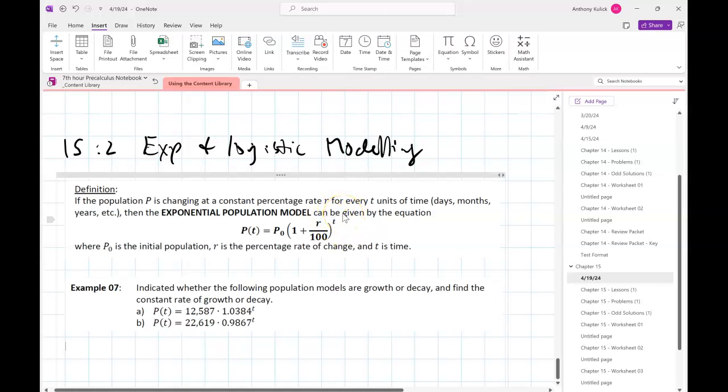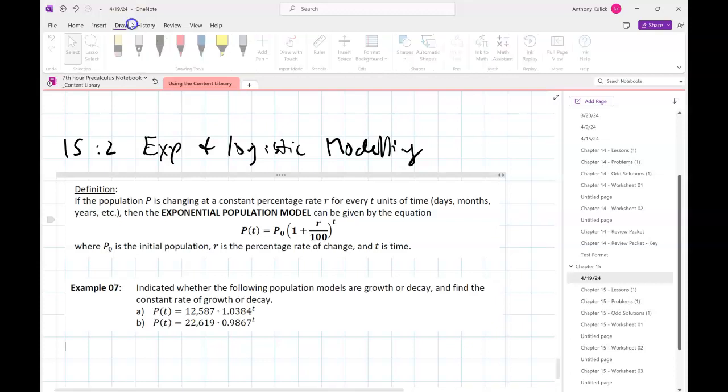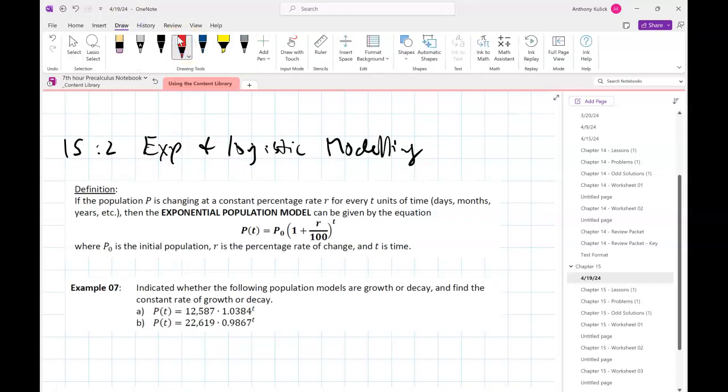So if I look at example 7, we're given a couple of exponential population models, and we're asked to decide whether they're growth or decay, and then find the constant rate of growth or decay. That is the R value that would be here.